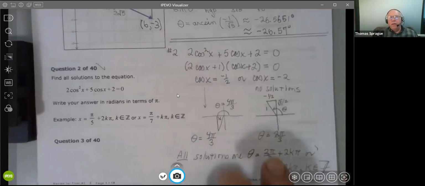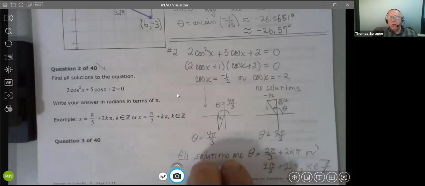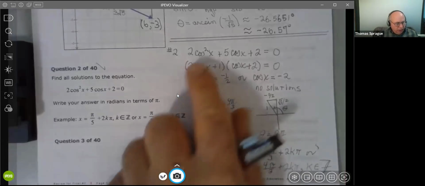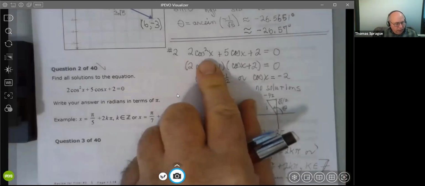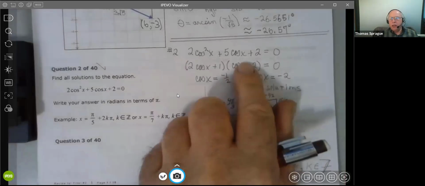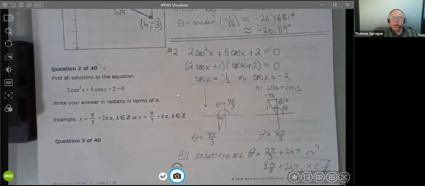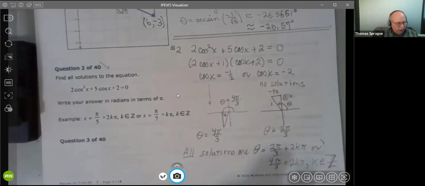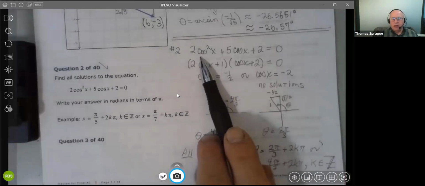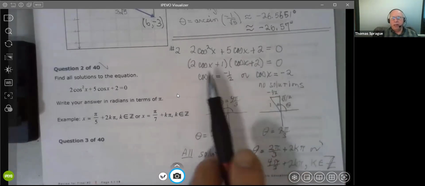By the way, every single one of these that we've done in this course has been factorable. You could come up with a case where you'd have to use the quadratic formula, but none of those have occurred so far. Since we're past the new material, I think we don't have to worry about that.